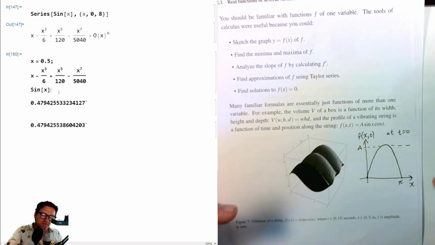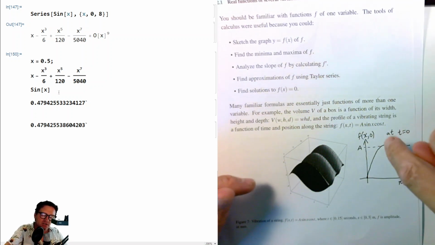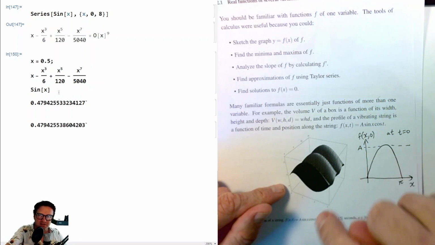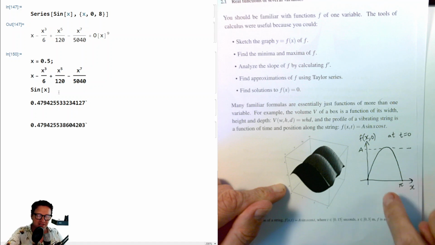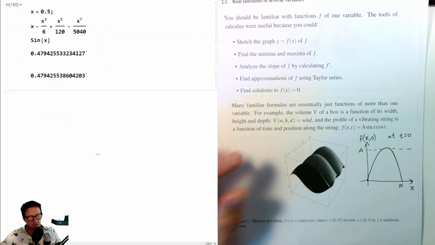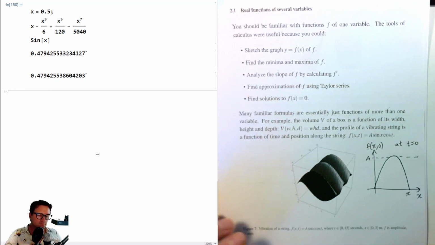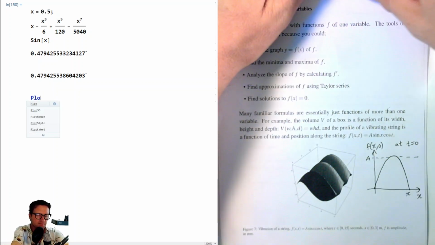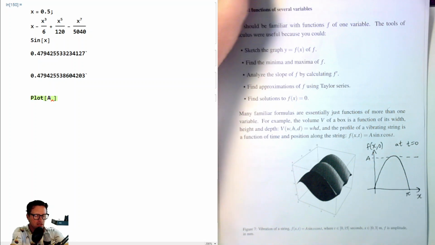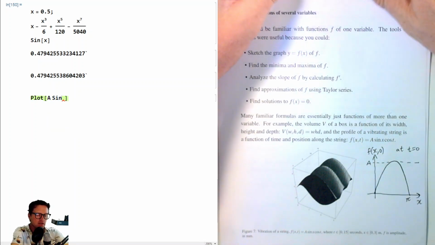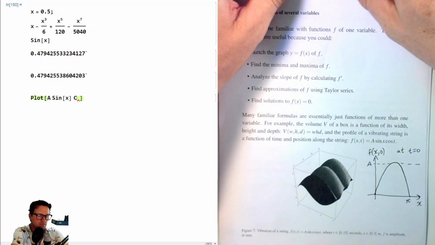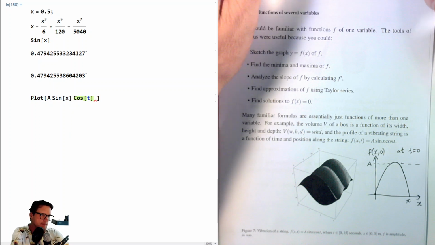So if you included time changing and plotted this in 3 dimensions, then it would look like this on the left, all right? But I'm going to display this for you here in Mathematica. So I want to go plot a sine of x cos of t.